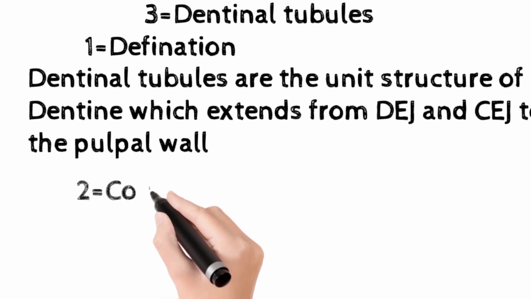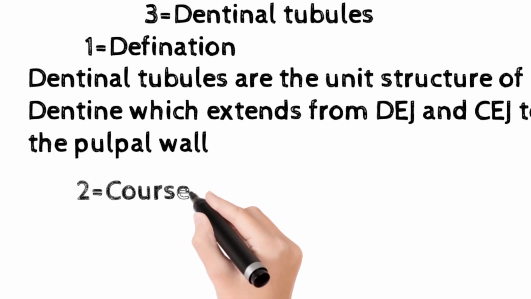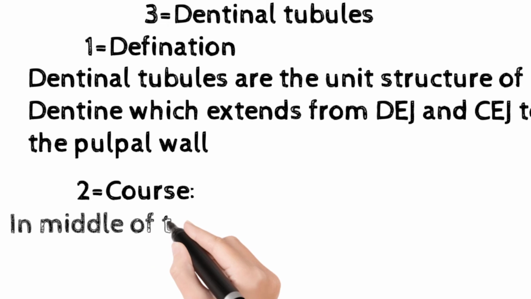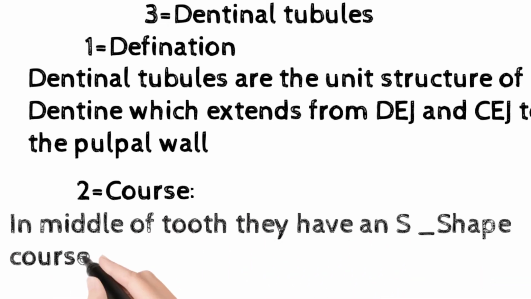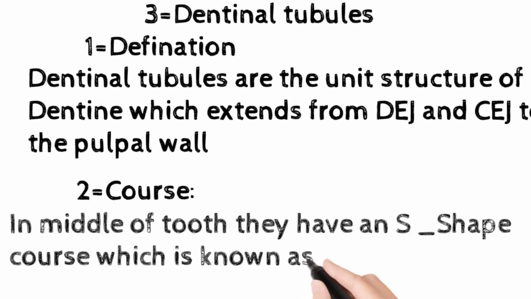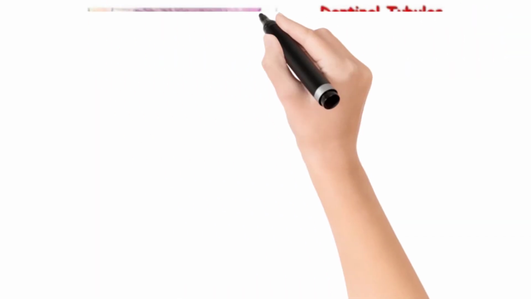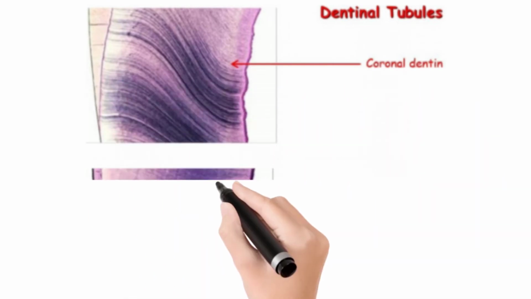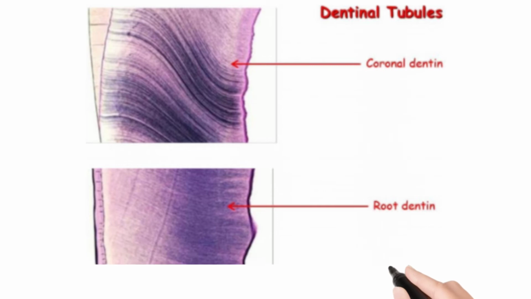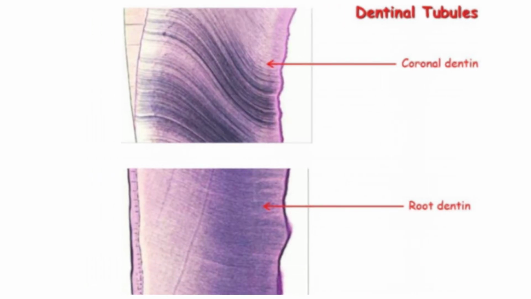Now after definition come to the course of dentinal tubule. Now dentinal tubule in middle of tooth have a S-shaped curve which is known as primary curvature. Look at this diagram. In the middle of the tooth there is a S-shaped curvature of dentinal tubule, S-shaped course which is known as primary curvature.